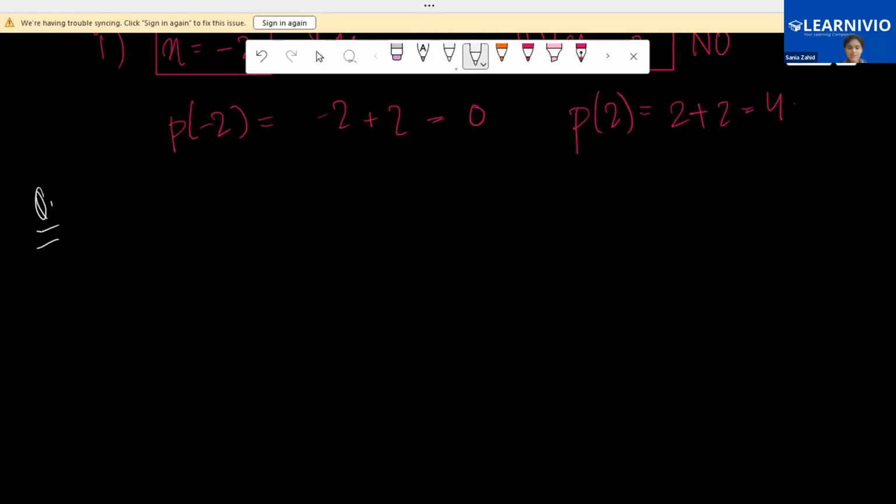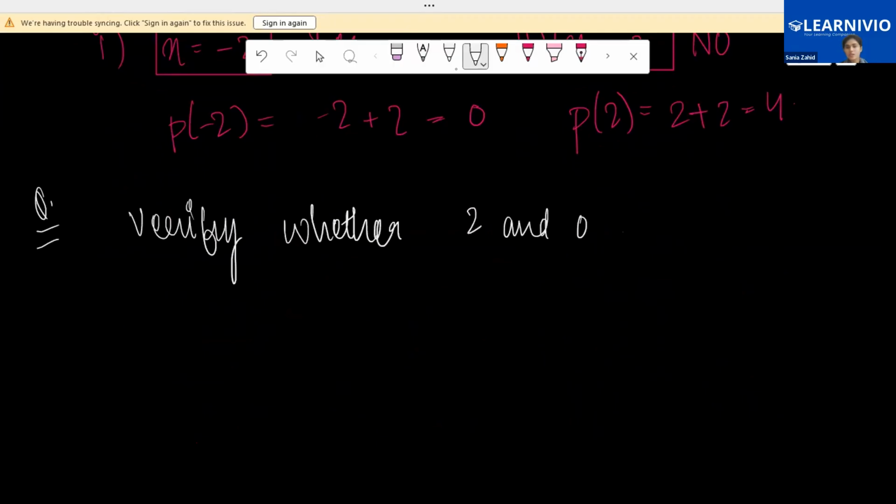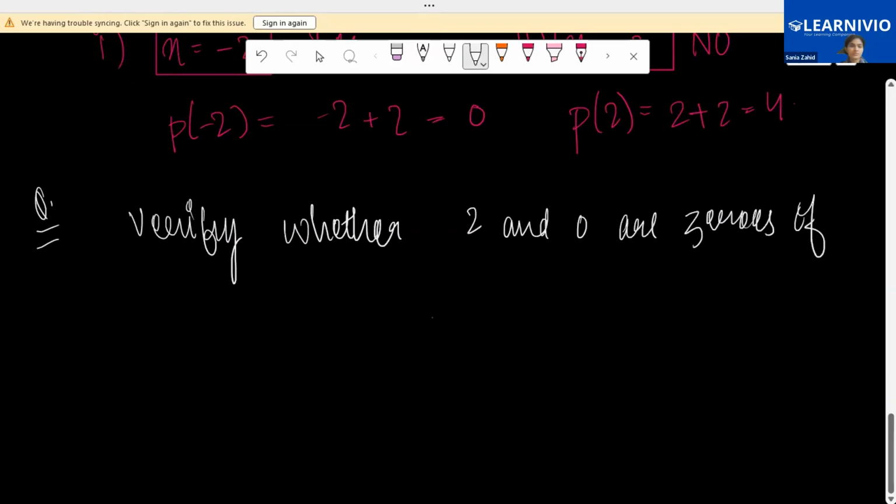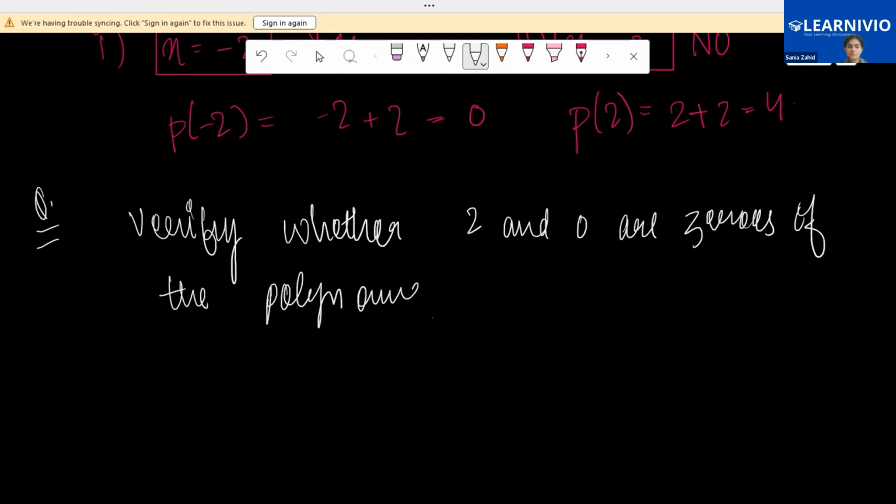Next we have, verify whether 2 and 0 are zeros of the polynomial x squared minus 2x. So this one you will do on your own.